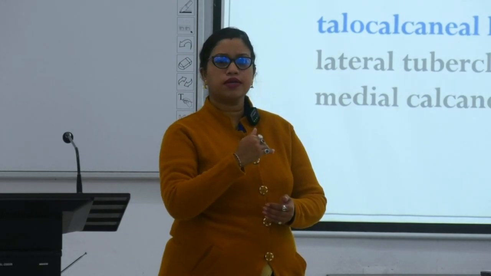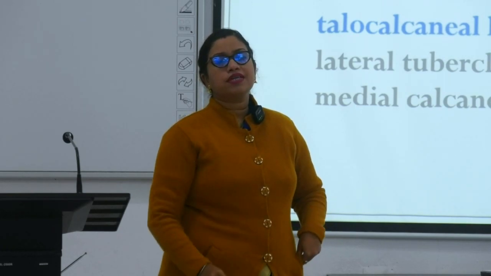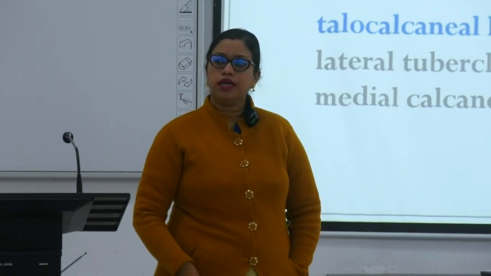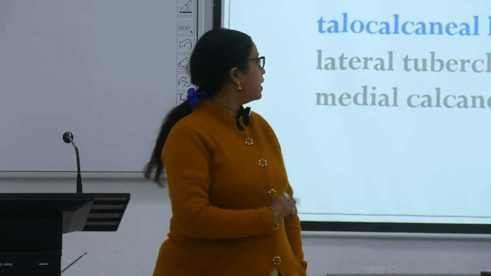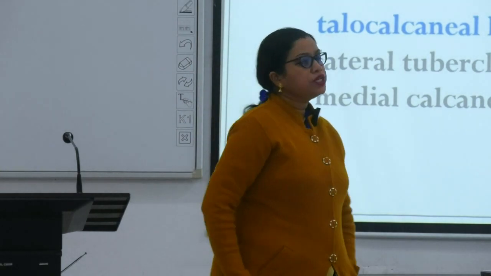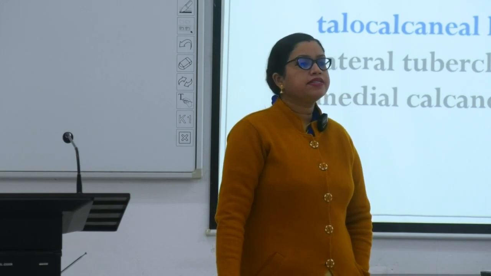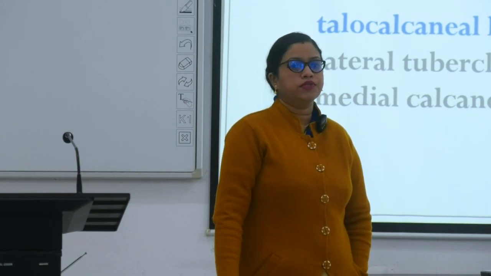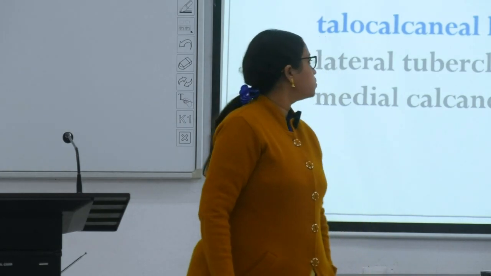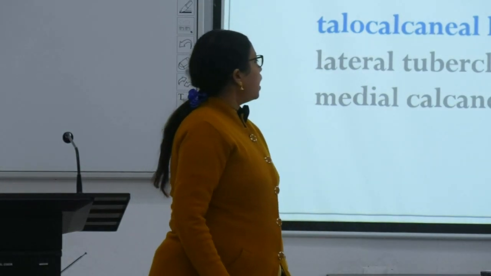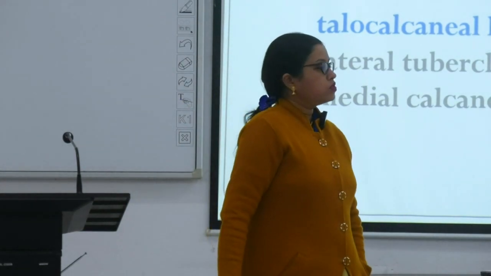Superiorly it has the trochlea. On the lateral side there is a triangular facet for the lateral malleolus. So there is the attachment for the posterior talocalcaneal ligament. Although it is called posterior, it is attached to the lateral surface of the talus with the upper medial calcaneus. Next one.